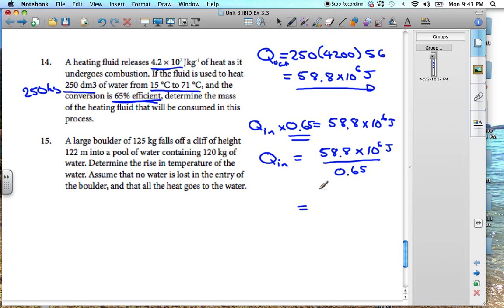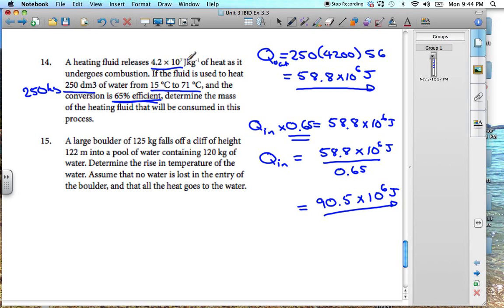It's going to be 90.5 times 10 to the 6 joules. Alright, so we've got that. That's the total energy that actually comes by means of the heating fluid.